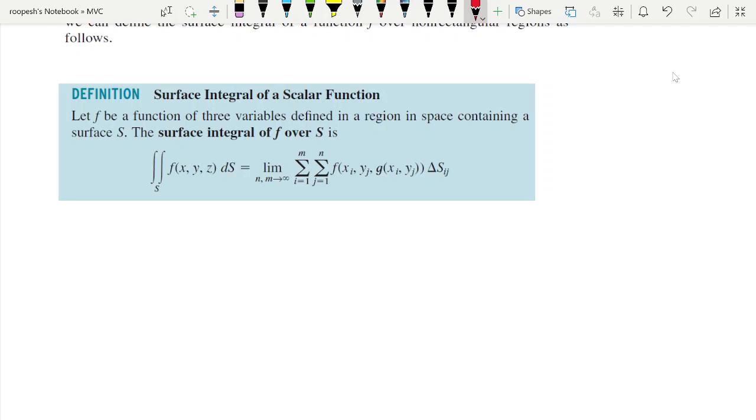Let f be a function of three variables, that is f(x, y, z), defined in a region in space containing a surface S. The surface integral of f over S we write as the double integral over S of f(x, y, z) dS. That is equal to the limit as n, m tend to infinity of the summation of this, which becomes the double integral over S of f(x, y, z) dS. Here dS means of the dx dy type.